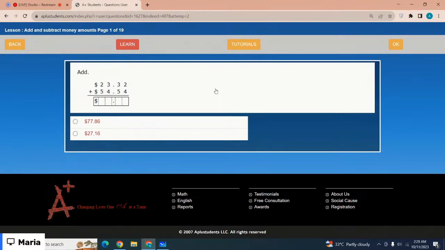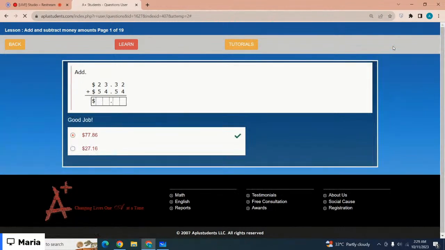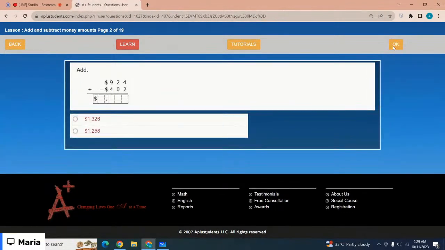Yes, the correct option is option number A, right? Okay, you have to add. Which is the correct option? Again, that would be option number A. Do not forget option number A, right?